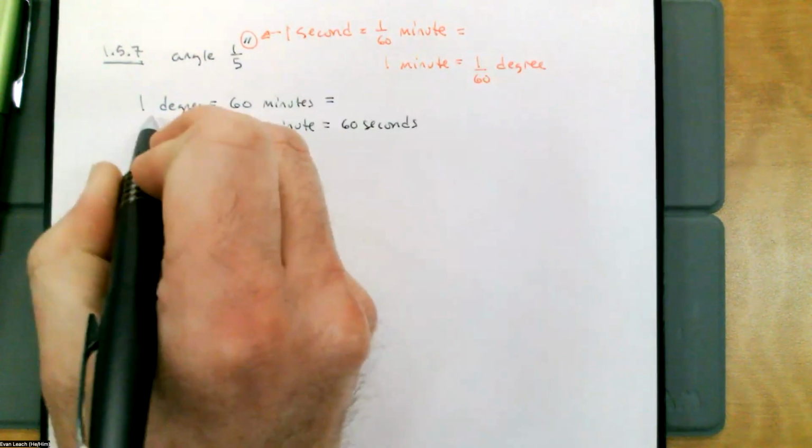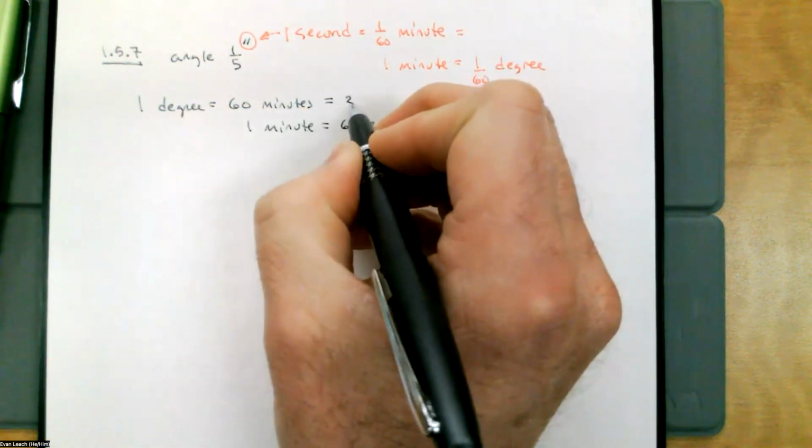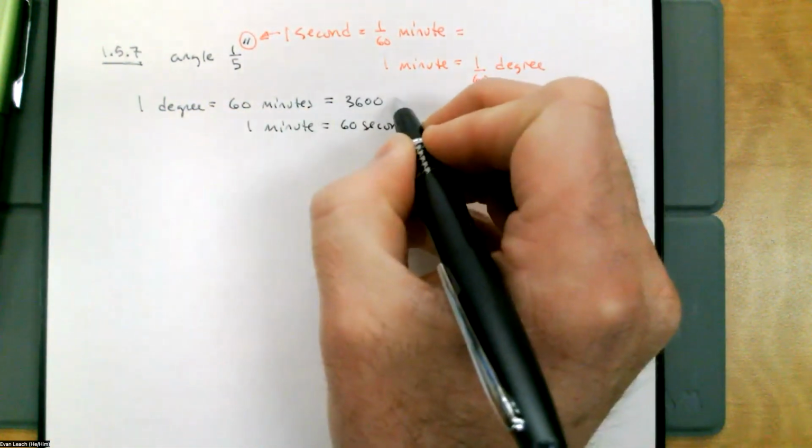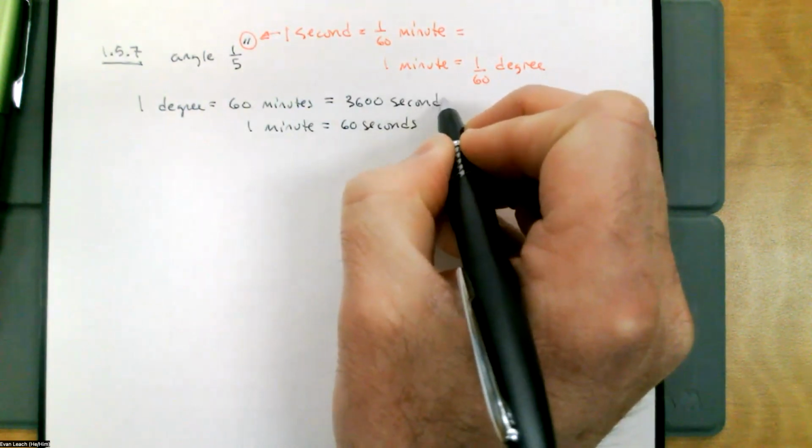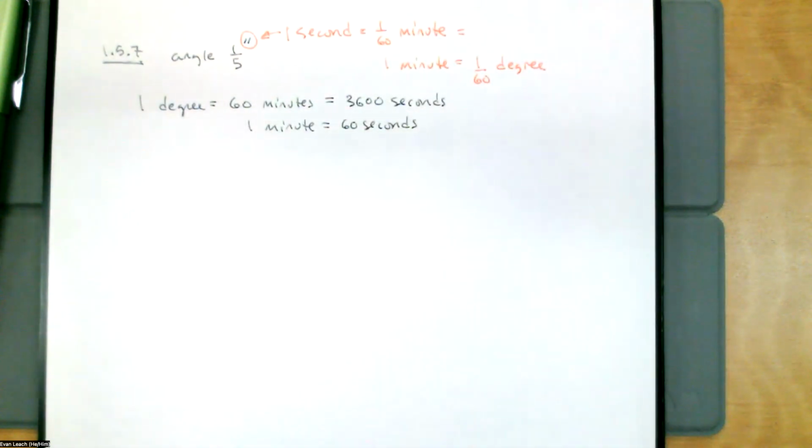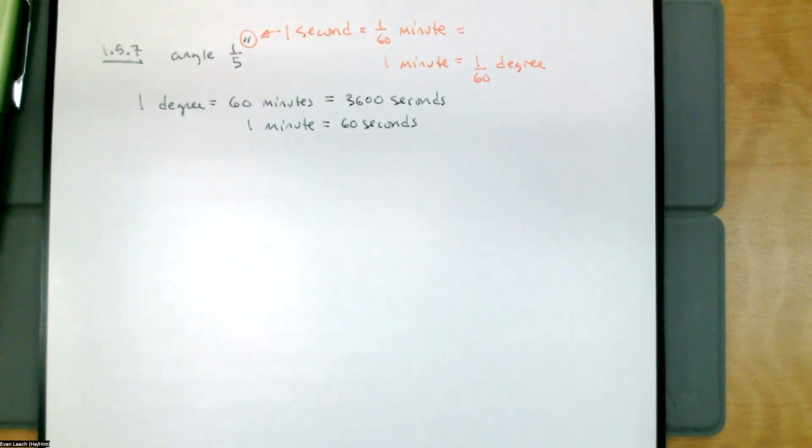And so that means 1 degree is 6 times 6 is 36, and there were 2 zeros. So 1 degree is 3,600 seconds. So we're dealing with a very small part of a degree.